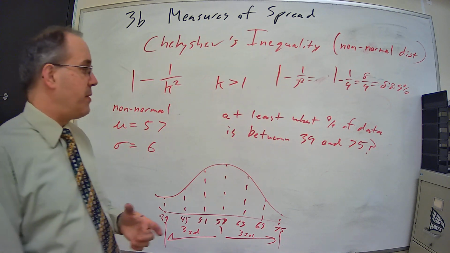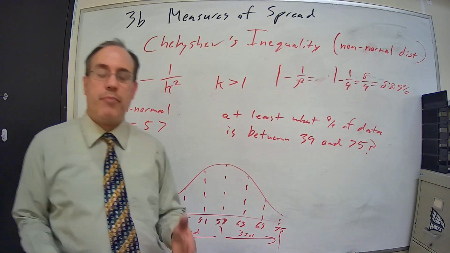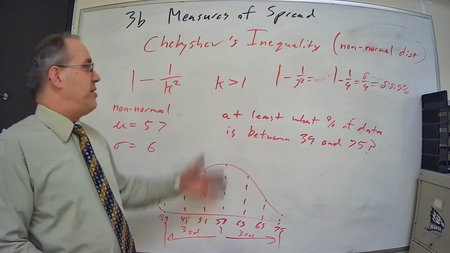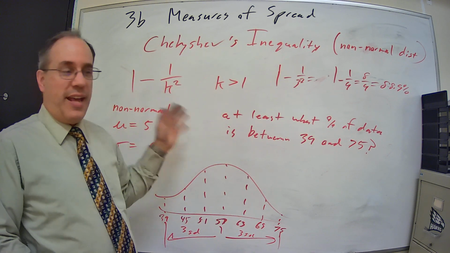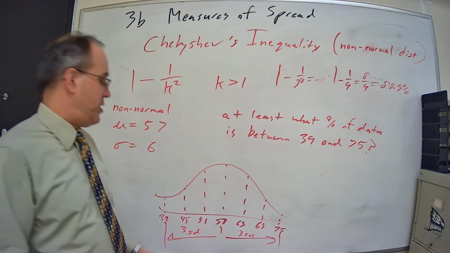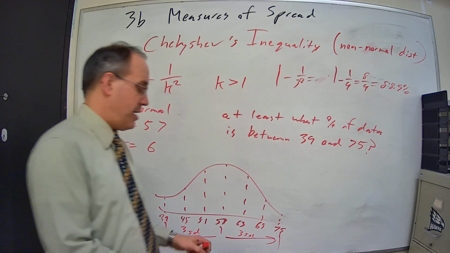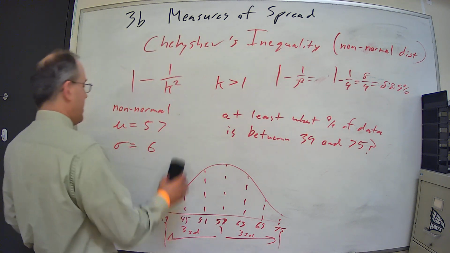One nice thing about Chebyshev, we cannot run into that imbalance. Remember, with the empirical rule, I could have it go more to one side than to the other. That cannot happen with Chebyshev, so it's got to be nicely balanced. It's either 2, 3, 4 standard deviations. It can't be 1 to one side and 2 to the other.